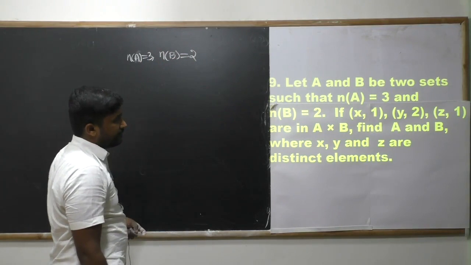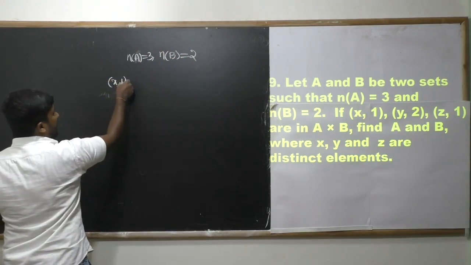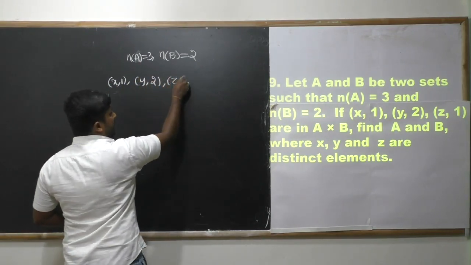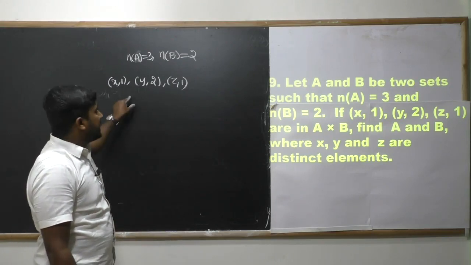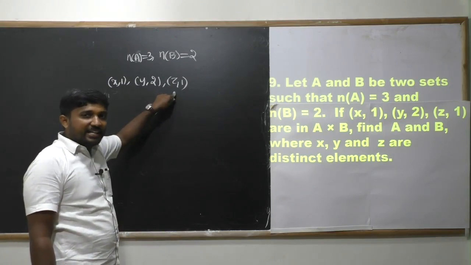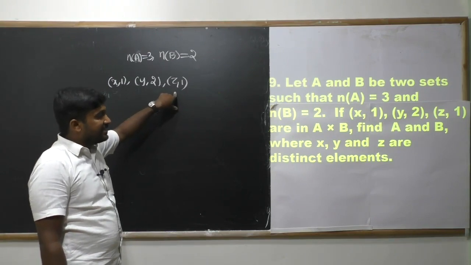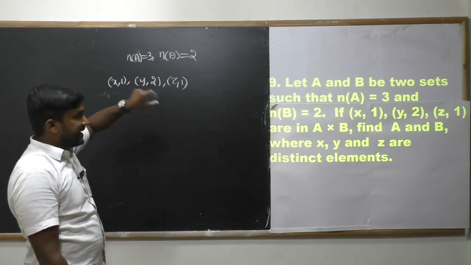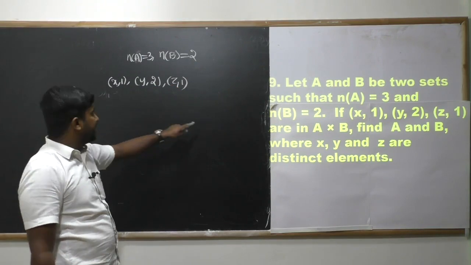If ordered pairs x comma 1, y comma 2, z comma 1 are there in A cross B, only 3 ordered pairs are given of A cross B. We have to find the set A and B.